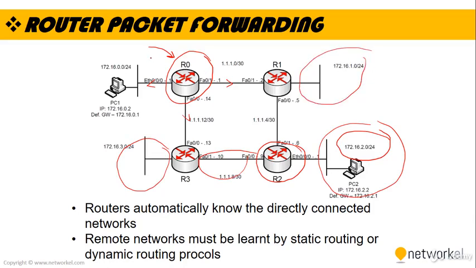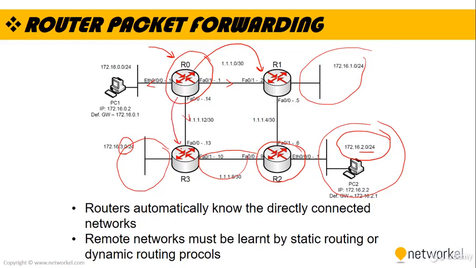So I'm gonna go to this guy and configure something saying, hey router 0, if you want to communicate with the network 2.0, send your packet to, for example, here. Or if you want to communicate with 3.0, send your packet to here.